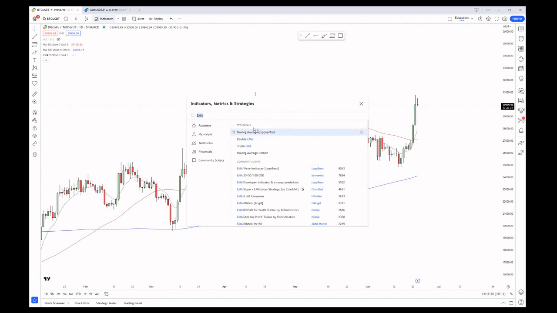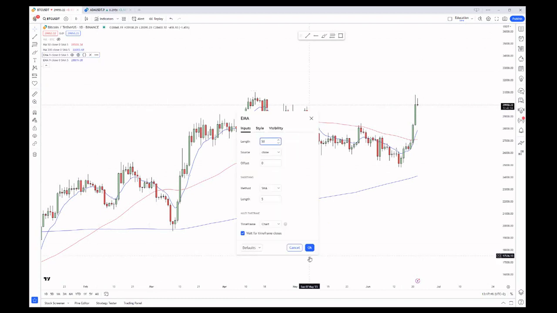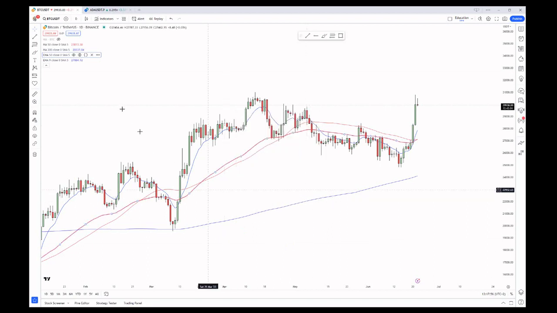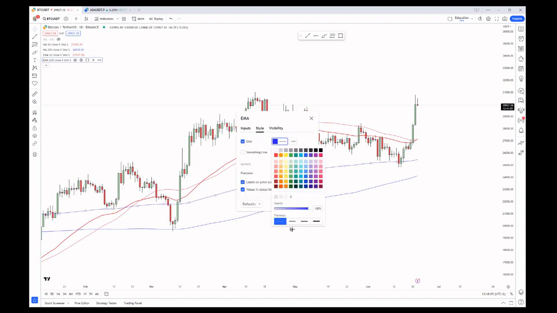I will also put in the exponential moving average. And what you will see is that the 50, the red one, I'll make that gray, make that red one a little thicker, and the blue one is the 200 EMA, and I will thicken that too.